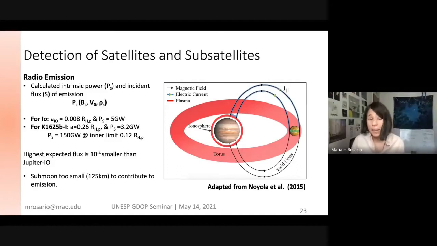Now, when it came time to evaluate whether this submoon could contribute, we noticed that no, it is way too small to contribute to emission. And again, its contribution is essentially none, not just negligible, essentially none.